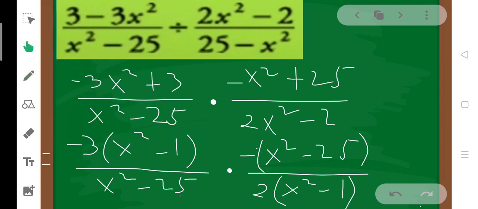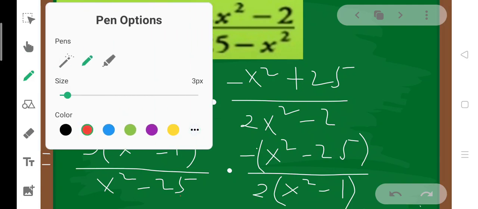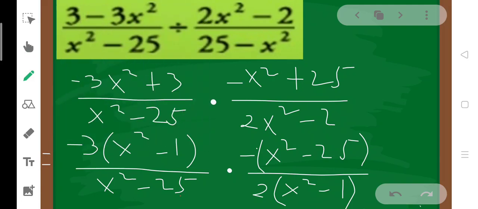Okay, so now look at this one. Common monomial factor is 2. 2x squared divided by 2, that is x squared. Negative 2 divided by 2 is negative 1. So this time, I can cancel out the common factors in the numerator and denominator. So we have x squared minus 1 here.